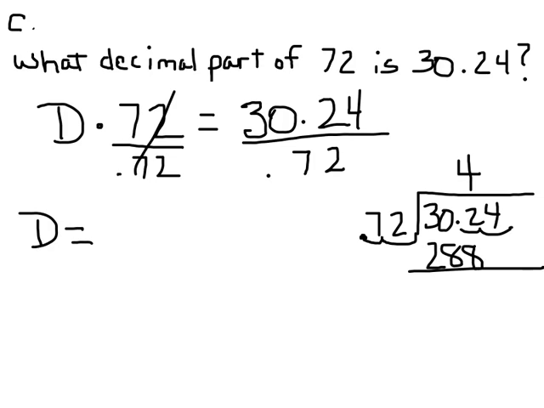So if we subtract here, we get 4, and we get 1, and we bring down the 4, and 72 will go into 144 2 times, so D equals 42. 42 is 30.24 of 72.